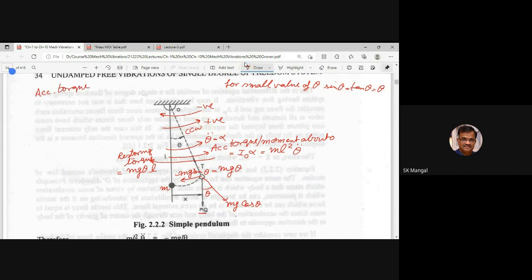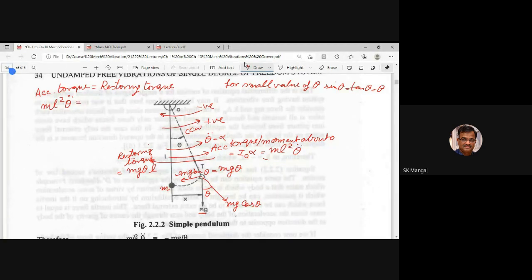Now, again, I can write the formula, that accelerating torque or moment is equal to restoring torque. So this is your positive value, nothing but m L square into theta double dot, and this is equal to the restoring torque.